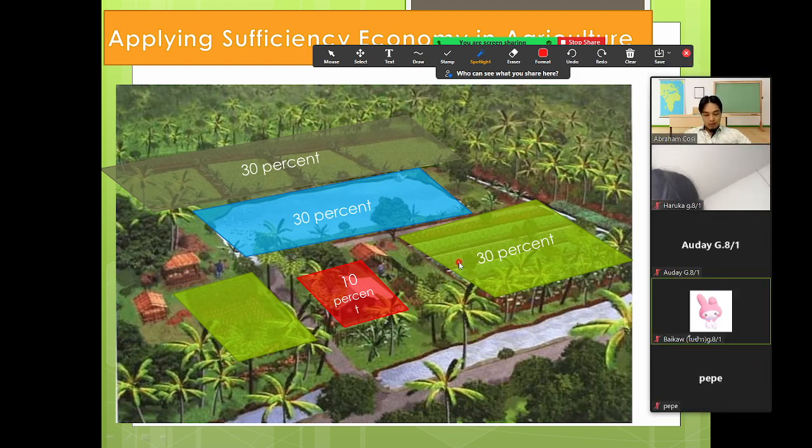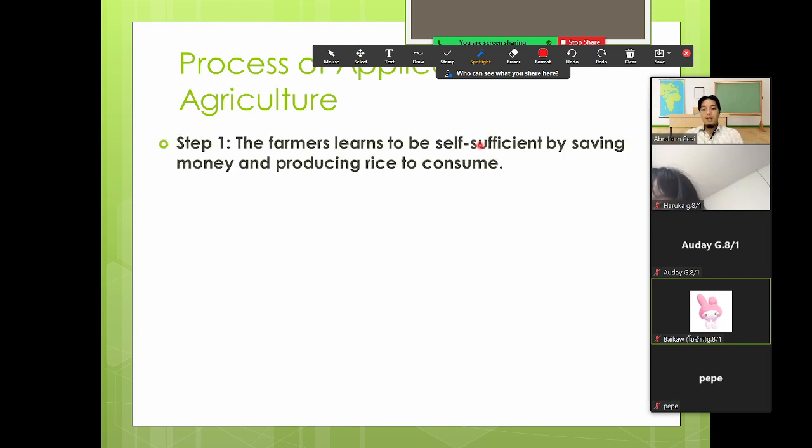Let's move to page 55 at the bottom. You have the process of applying sufficiency economy in agriculture. Step 1, the farmers must learn to be self-sufficient by saving money and producing rice to consume.